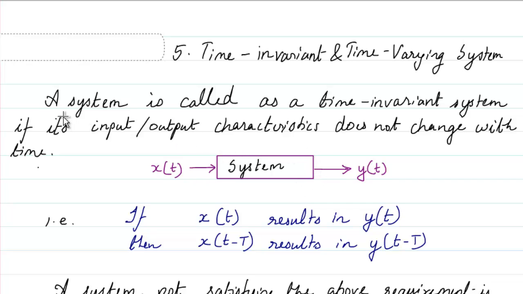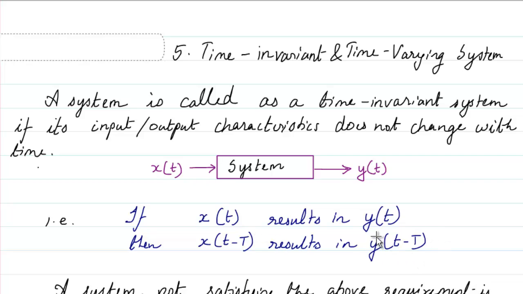So that is why the definition comes: a system is called a time invariant system if its input output characteristics do not change with time. Mathematically it can be explained by this equation, wherein you have a signal x of t minus T, where capital T is the delay that you have applied.